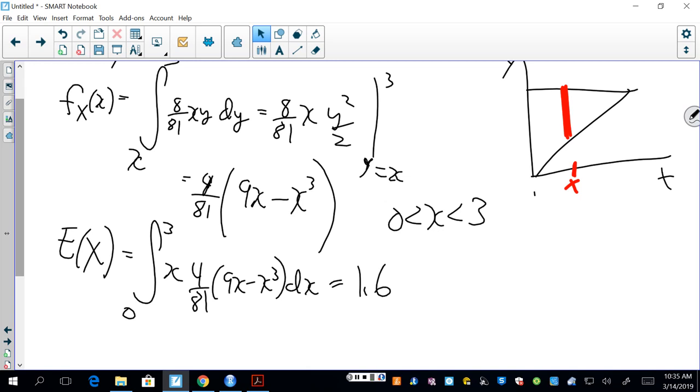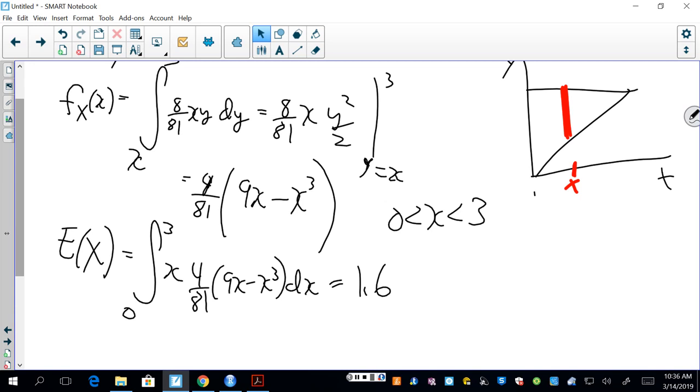Again, plausibility check. X is between 0 and 3, so our expectation has to be between 0 and 3. 1.6 is down there. The density also is going up because as x gets bigger, the density gets higher. So we're over 1.5; the average is in the upper half because there's more density as x gets bigger.